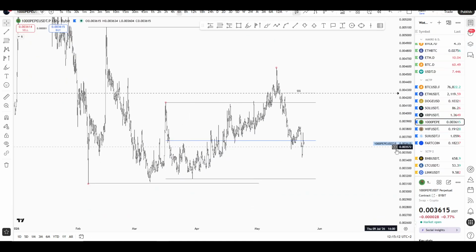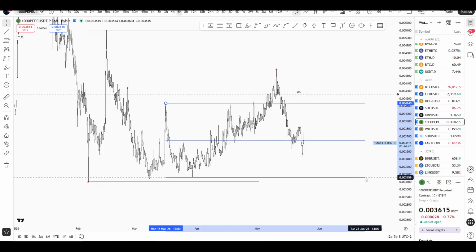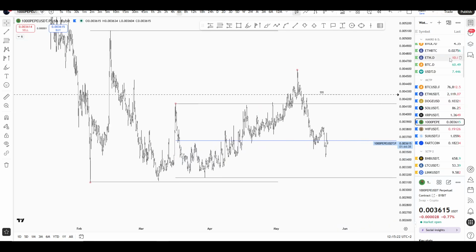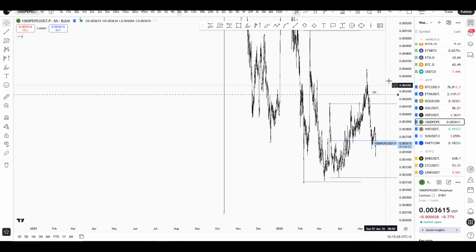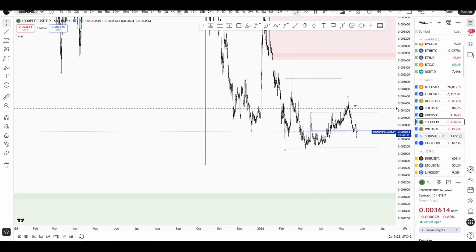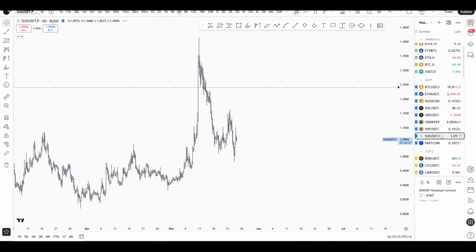Pepe got the rotation back down. Again, so much liquidity here. I would actually prefer a move up overall. This would mean that Bitcoin goes up higher and we get proper distributions here on the pairs. Yeah, some got smacked down harder.